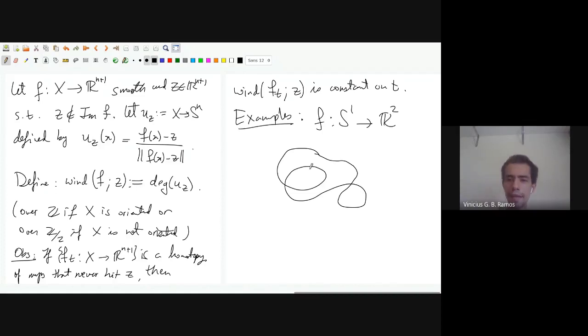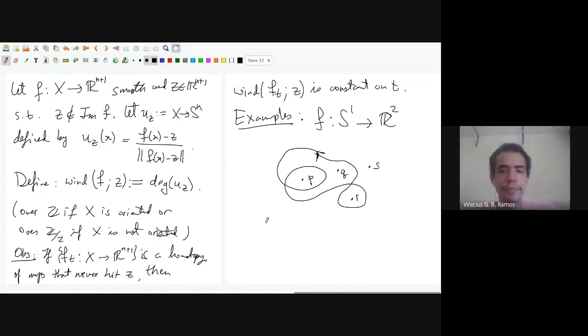Let's say this is oriented, so I'm orienting my S^1, so I actually have oriented winding numbers. Let's say I have a point P, a point Q, a point R, and a point S, so I have different points in R^2.